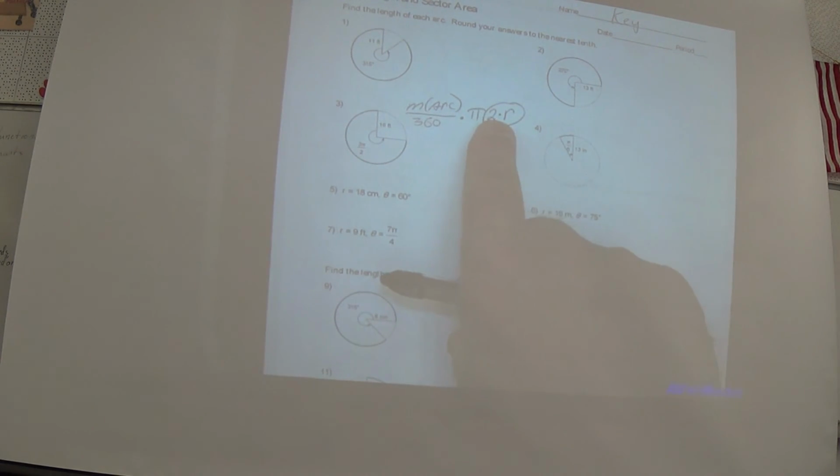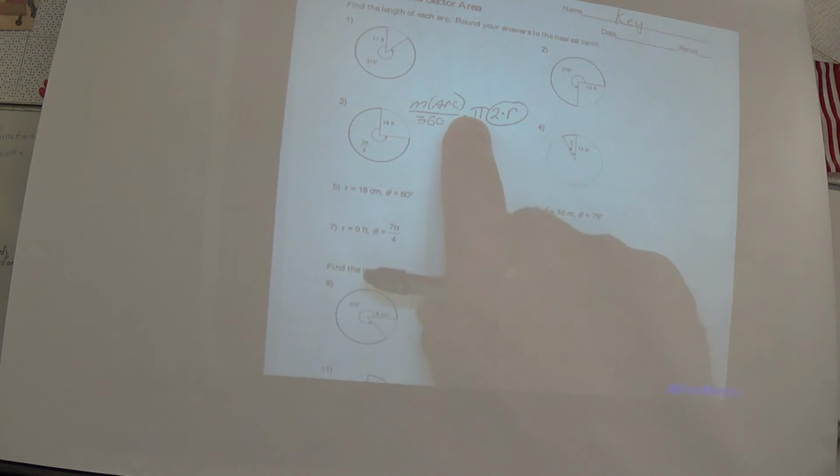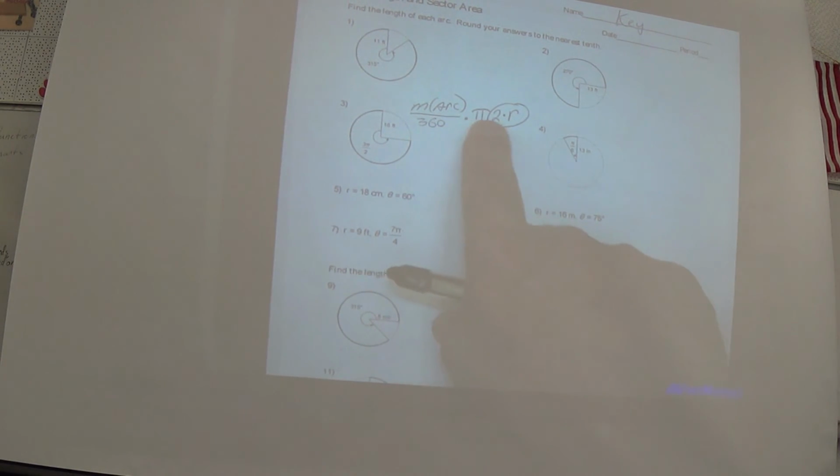You still need to do this part. The only thing they've done is they've completed this part. They've taken the measure of the arc and the fraction, and they multiplied it times pi. What they didn't do is they didn't multiply it times 2 times your radius, okay? So keep that in mind when you go to multiply that together. They didn't do that yet. They did this, but not that. So they're giving you part of the answer, but not all of it.